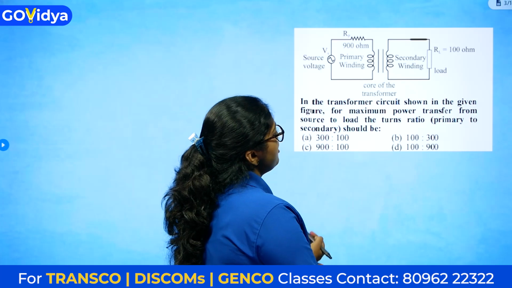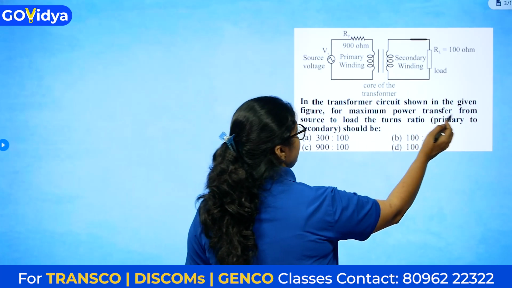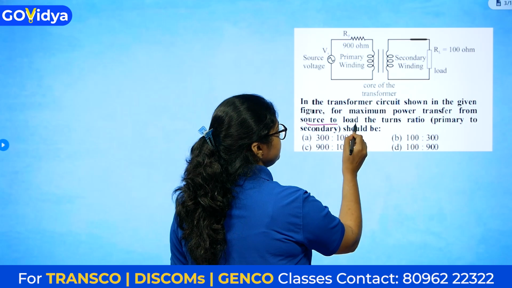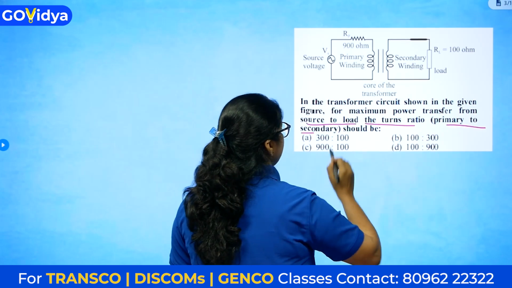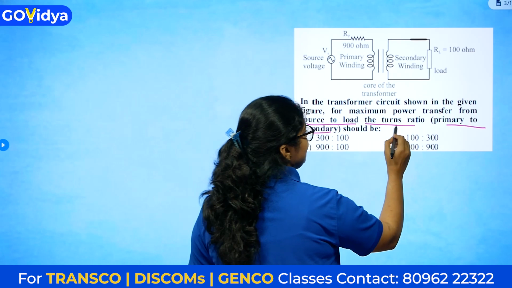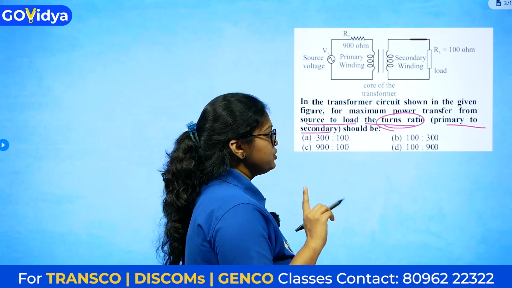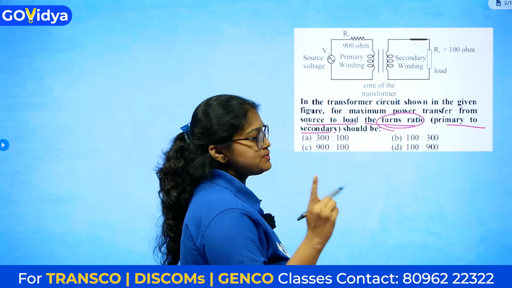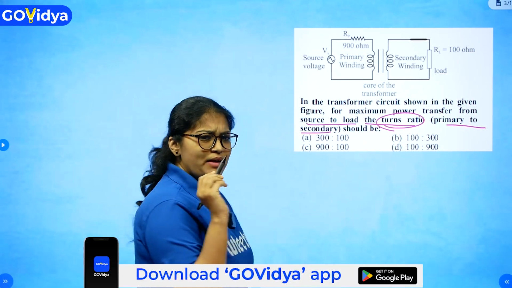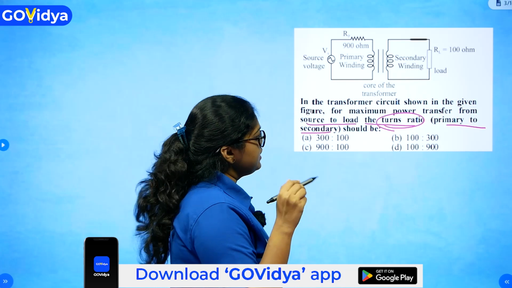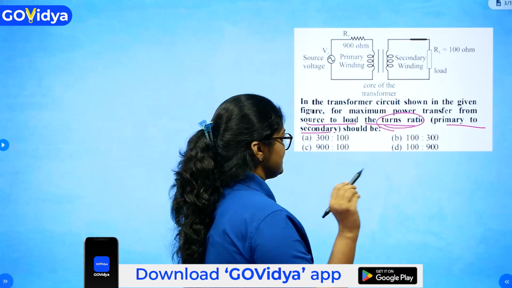In the transformer circuit shown in the given figure, for the maximum power transfer from source to load, we have to calculate the turns ratio from primary to secondary, primary with respect to secondary. So let's do that. According to the maximum power transfer theorem, the maximum power will be transferred through the load resistance.